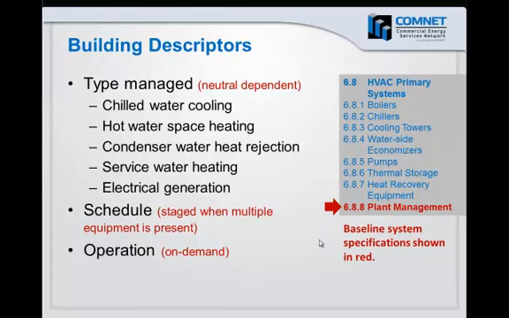The schedule is the schedule of operation, say for multiple chillers or multiple boilers. And when the baseline building has multiple equipment, it's staged. The boilers and chillers are all equal size. So the first one would come on and run until it's no longer capable of meeting load, and then the second one would come on. The equipment is operated based on demand.